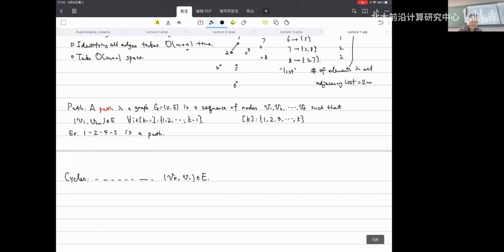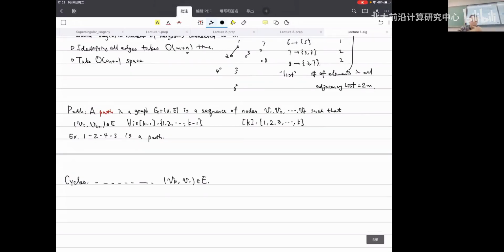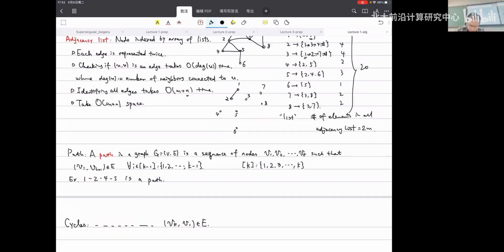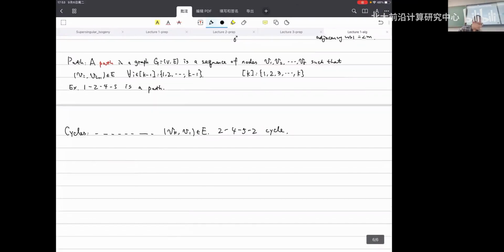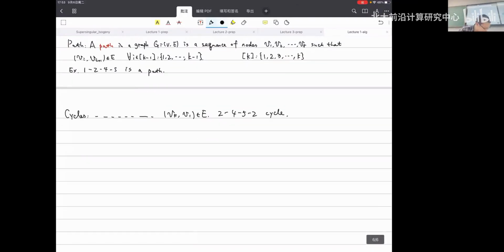This makes sense because a path is just like a line that you move from one end to the other, but a cycle really means everything is closed. Here you see 2, 4, 5 is a cycle, because 5 can also go back to 2. Any questions?